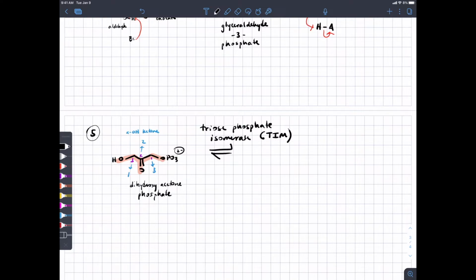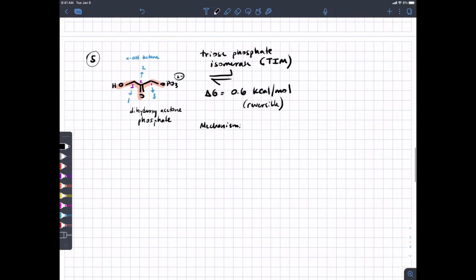Kind of cute. The change in free energy is, again, less than 1 kilocalorie per mole. So this is definitely reversible, can go backwards and forwards. The mechanism we won't draw because it's the same mechanism as we showed before for the conversion of glucose 6-phosphate into fructose 6-phosphate.